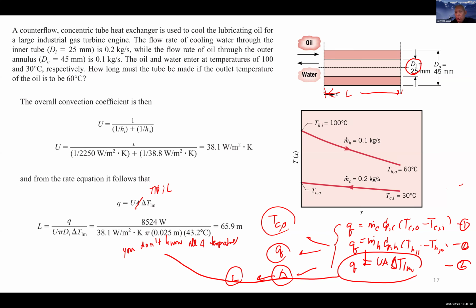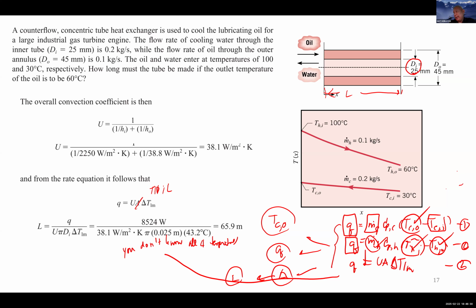And then I use another equation to find another missing T. This is specified by the problem, this is specified by the problem, this is specified by the problem, allowing me to find this, and knowing this, and given TCI is given to me like that, it's allowing me to find the TCO.